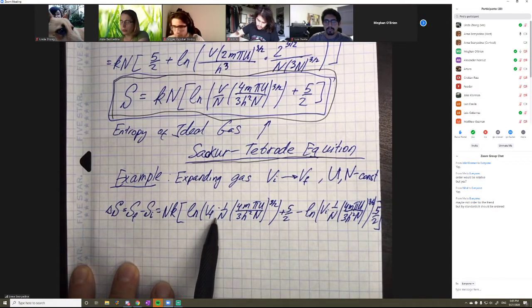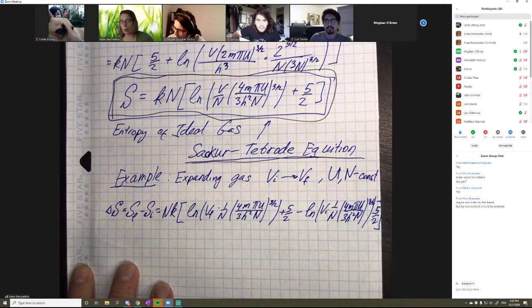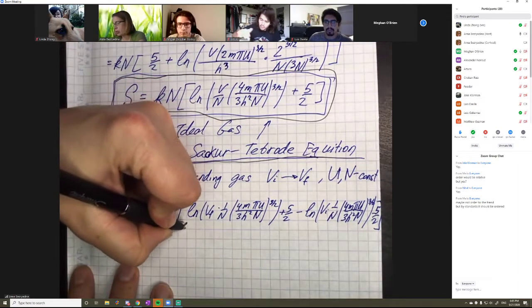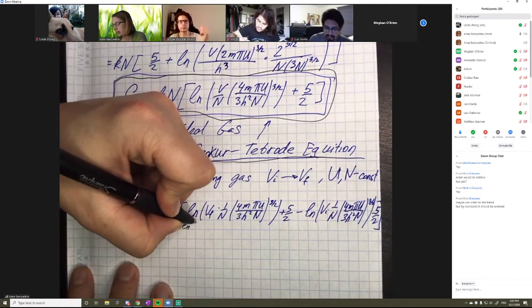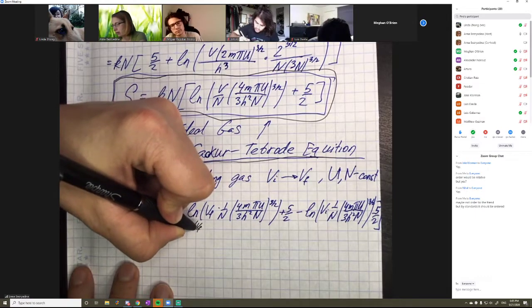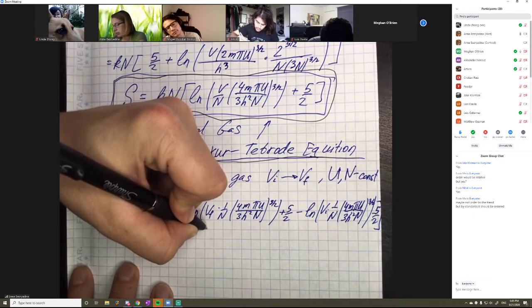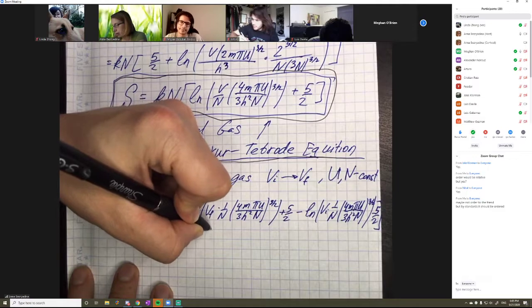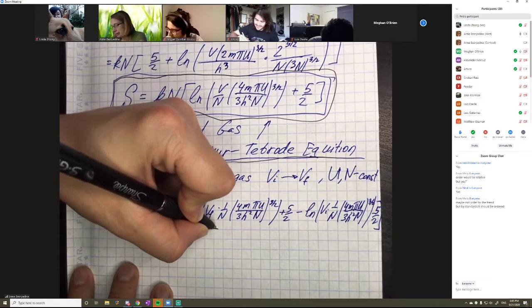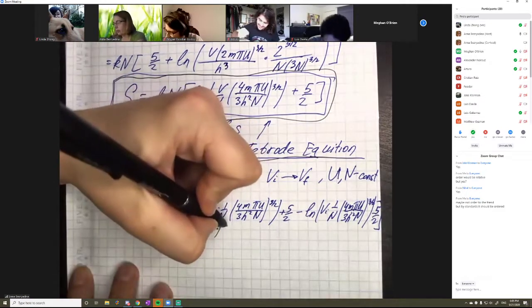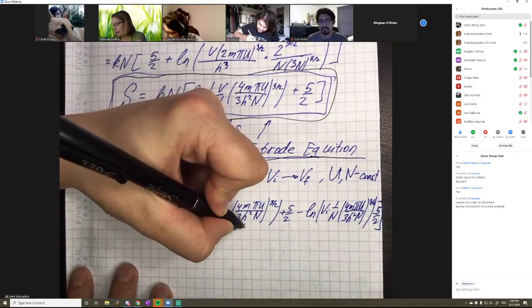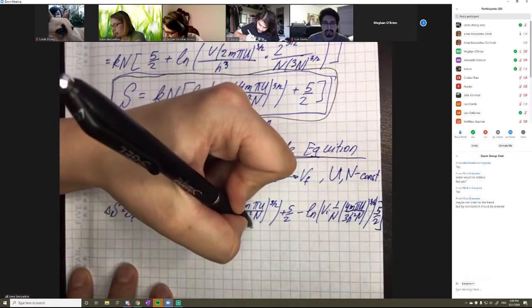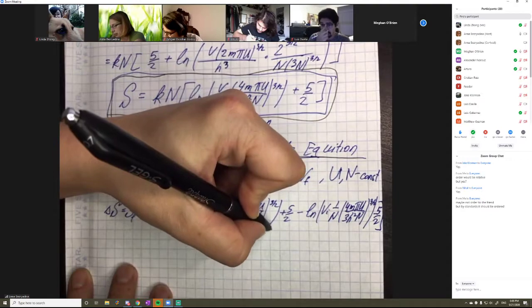Guys, what could we do with these logarithms? The logarithm of V final times this, blah, blah, blah, could be written as a logarithm of V final plus logarithm of this blah, blah, blah.